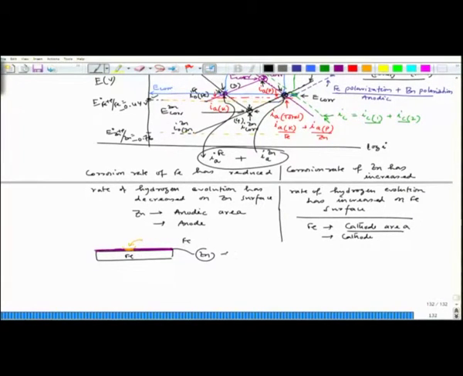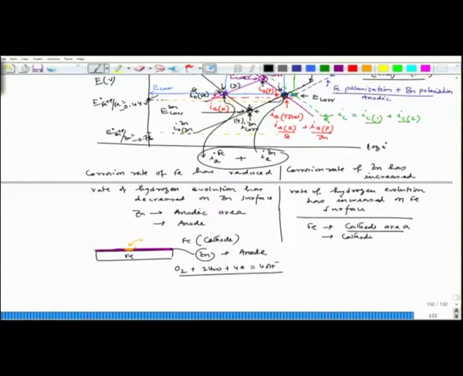Now, zinc would act as anode and iron would act as cathode, and in the environment this reaction would take place.